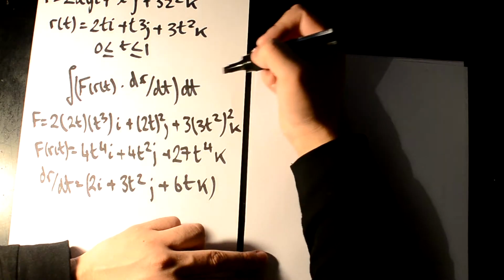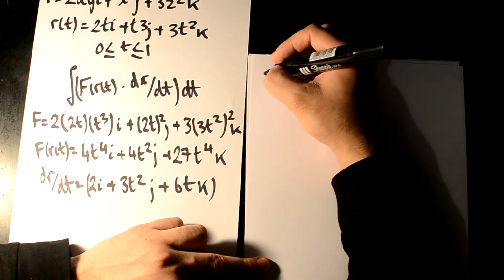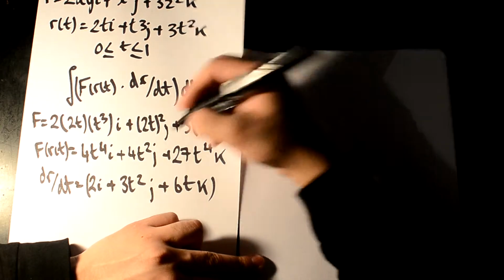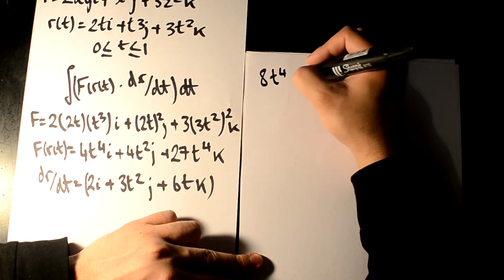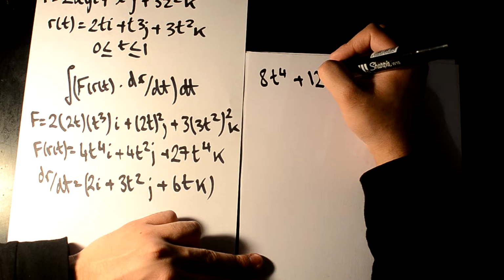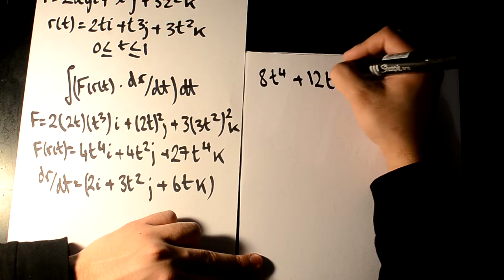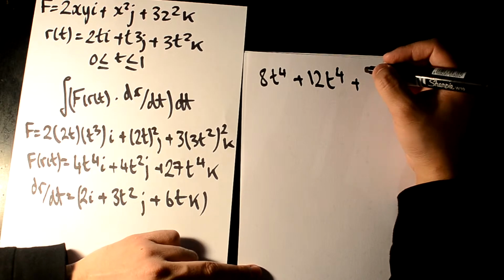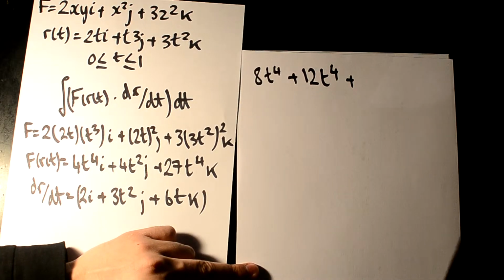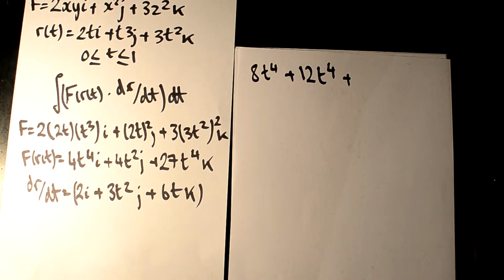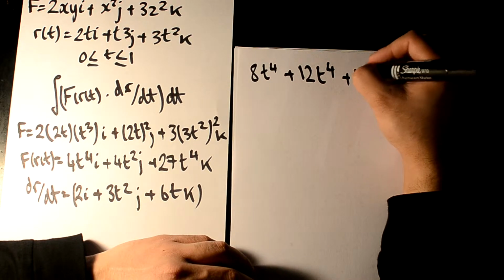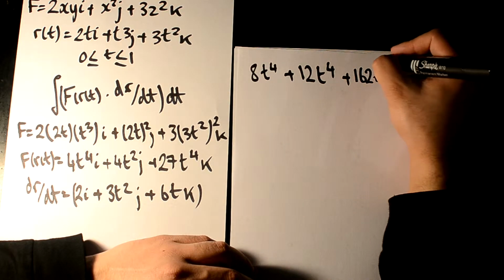So 4t to the power 4 times 2 is going to be 8t to the 4. Taking the j terms, we will have 12t to the 4. And then taking the final part, which is 27 times 6, which is going to be 162 t to the 5.